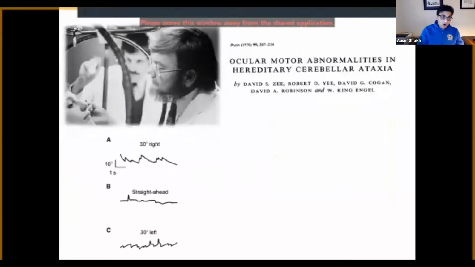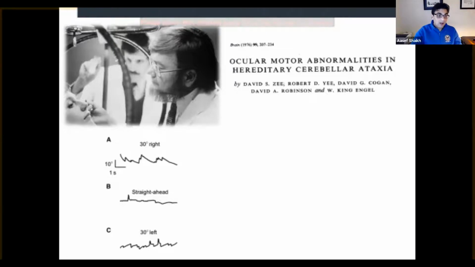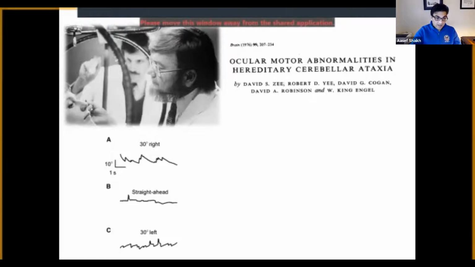If you record their eye movements with oculography and plot the horizontal eye position on the y-axis and time on the x-axis, you see that when the patient is looking straight ahead, there is no drift. It's relatively steady eye gaze holding. But when the patient looks to the right, the eyes drift to the left, correct, drift, correct, drift, correct. When the patient goes to the left side, the drift direction reverses.